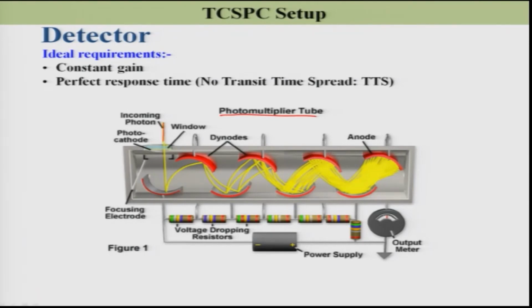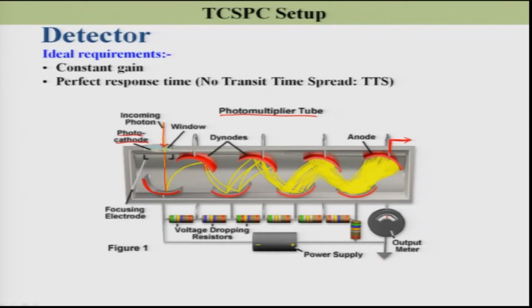When an incoming photon hits the photocathode over here, it ejects one electron, and then this electron is directed to the device called the dynodes, where the electrons get multiplied: 1 to 2, 2 to 4, 4 to 8, and so on. Ultimately at the anode you will get lots of electrons coming out, which can be detected as a current or as a voltage, whatever you want.